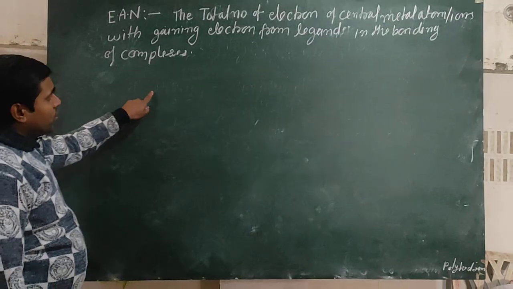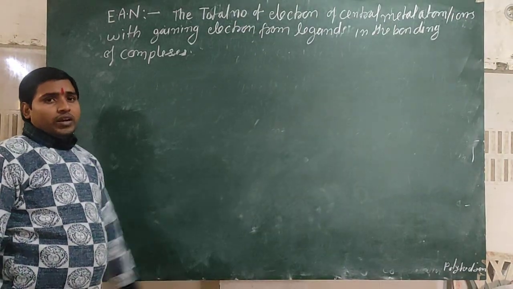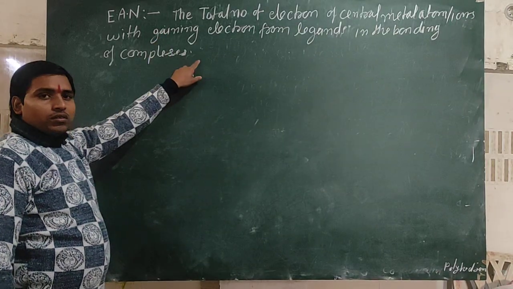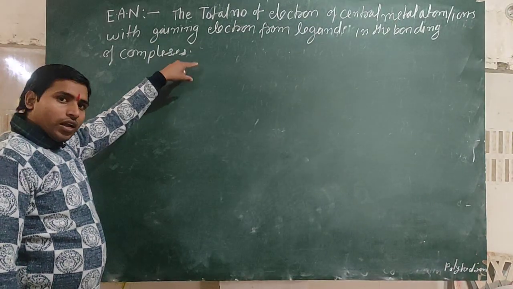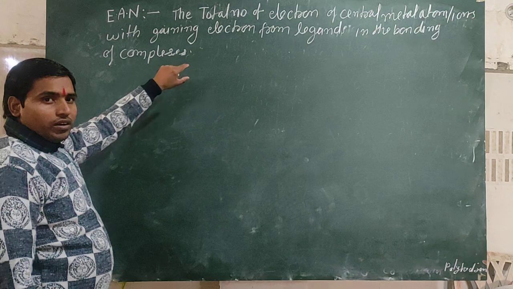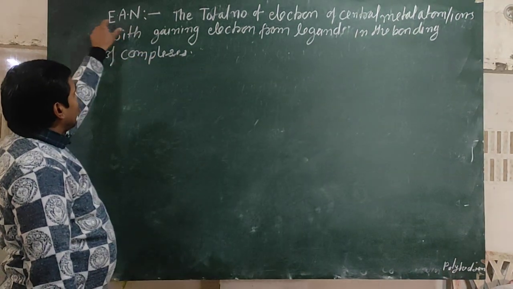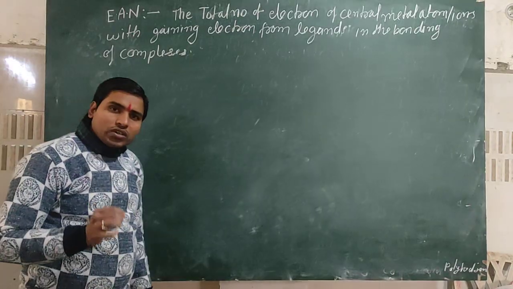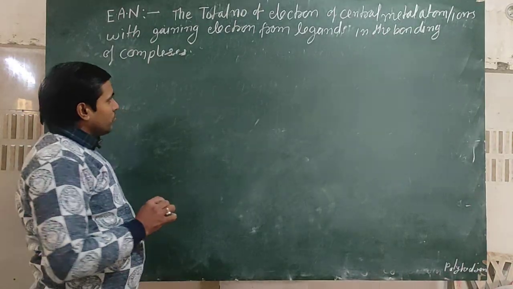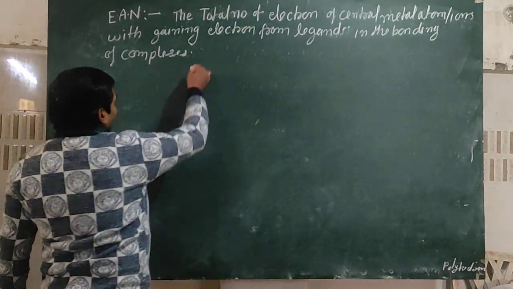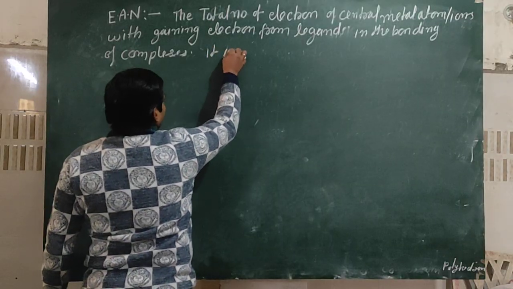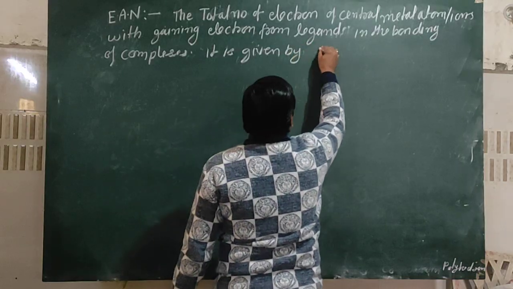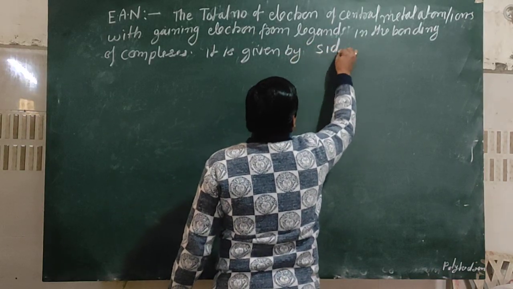The total number of electrons present in any central metal atom, which is gained from the ligands and also which is present in the central metal atom, gives an idea about the EAN. This effective atomic number was firstly given by Sidgwick.